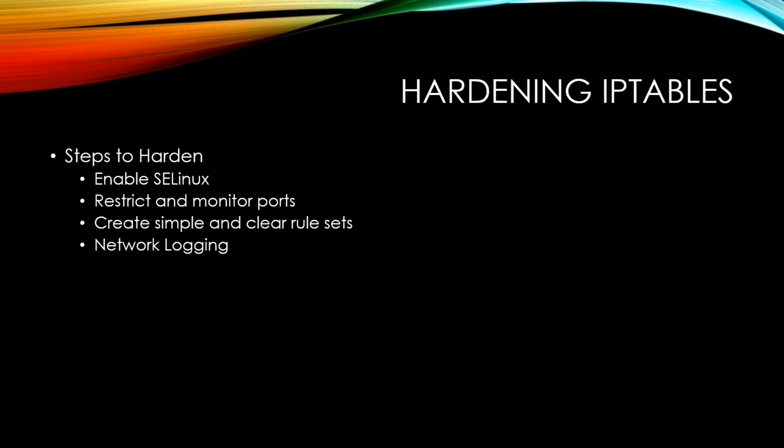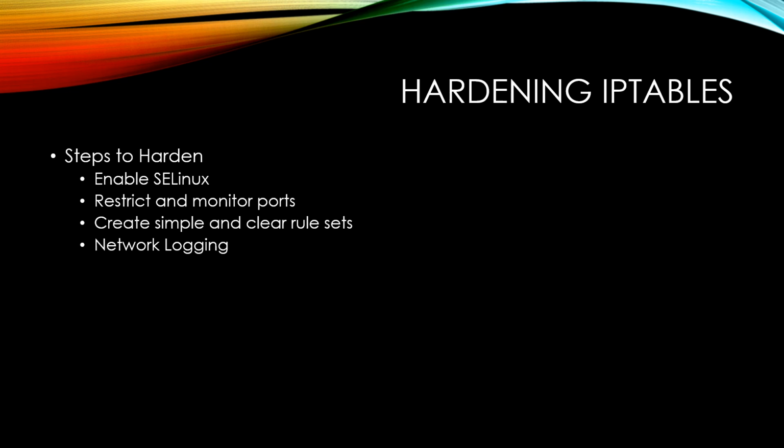All right, now that we've talked about hardening our Windows firewall, let's talk about hardening IP tables. IP tables is the firewall that's used with the Ubuntu operating system. One of the main tips I would suggest is enabling SELinux. SELinux is a security-enabled version of Linux, or a set of kernel modifications and user space tools that help provide mechanisms for supporting access control security policies, including mandatory access controls, or MACs.